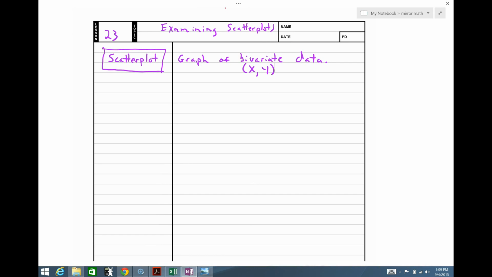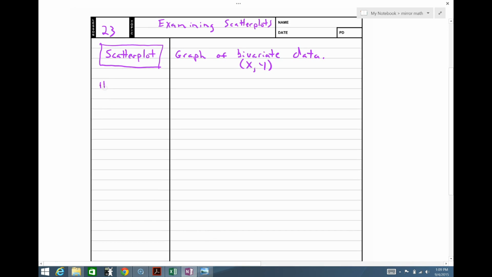How do we describe scatterplots? You will use this acronym, DOFS, D, O, F, S. This first D stands for direction.